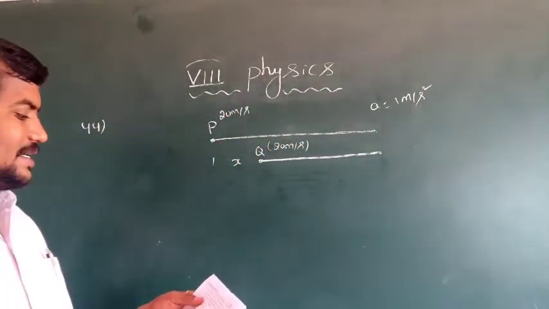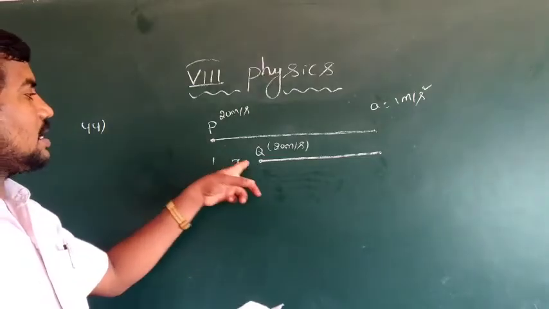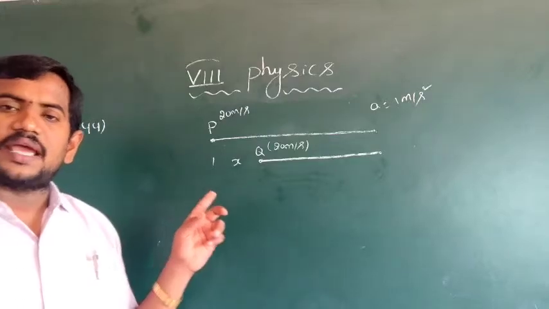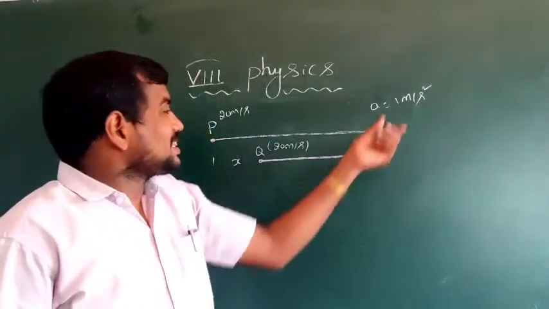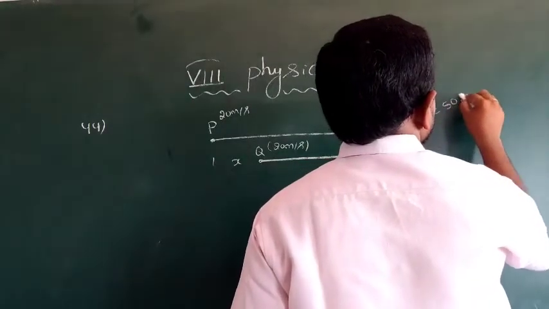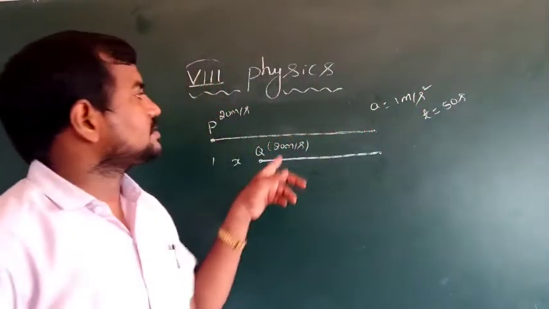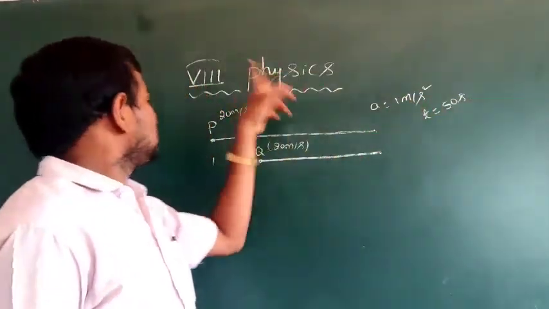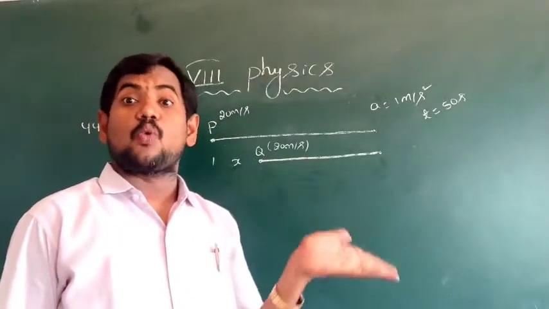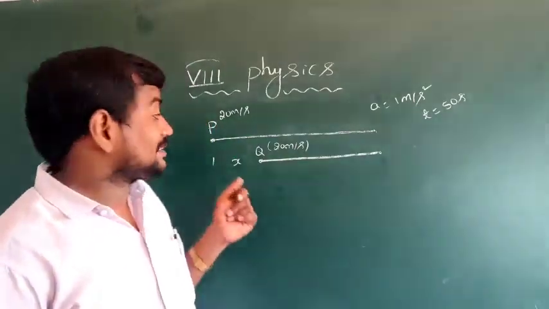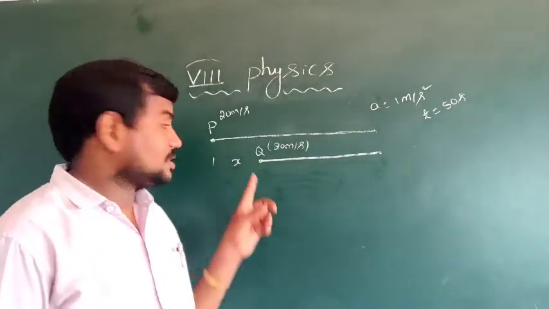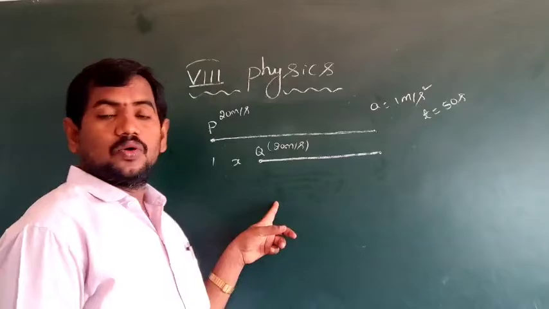After 50 seconds, the train P crosses the engine of the train Q. So during this time of 50 seconds, as the train moves with an acceleration of 1 meter per second squared, the distance traveled by train P should be equal to the distance traveled by the train Q plus the initial gap between P and Q.